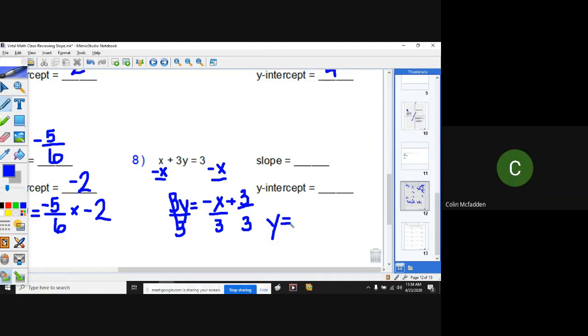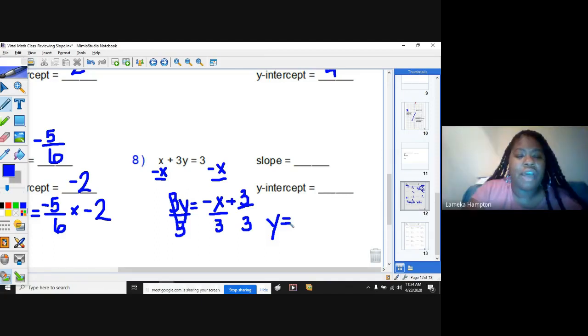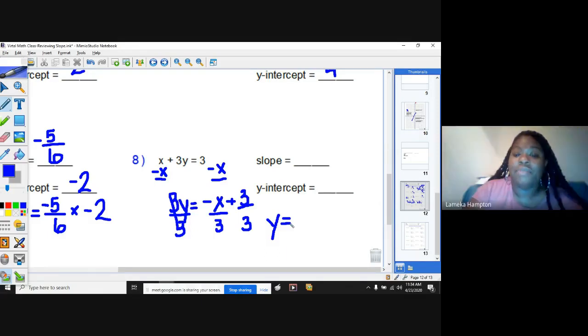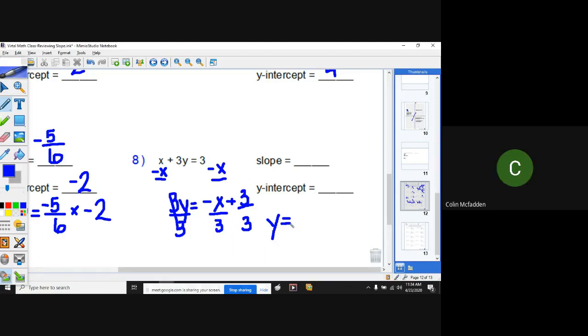Y equals 1, because you're dividing. I am dividing. 3 into 3 goes one time. So it'll be 1.